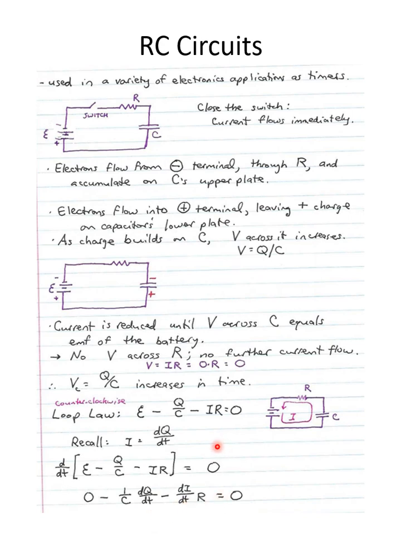But the loop law is that we follow the voltage and we subtract the voltage drop. So going around following the current, we have stepping up the electromotive force, and then we're going to subtract the voltage drop across the capacitor, and that's Q divided by C.